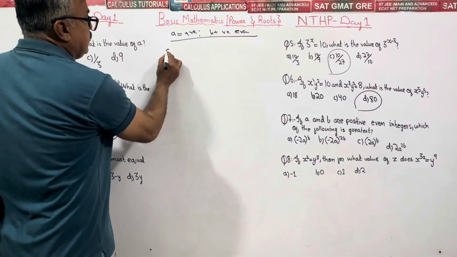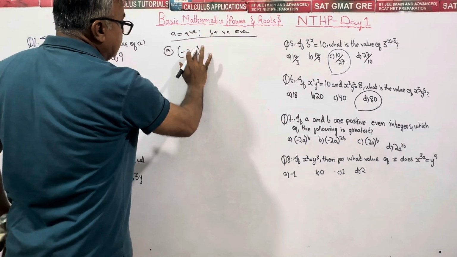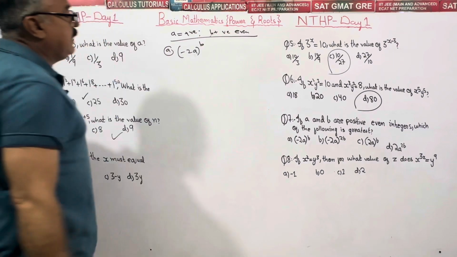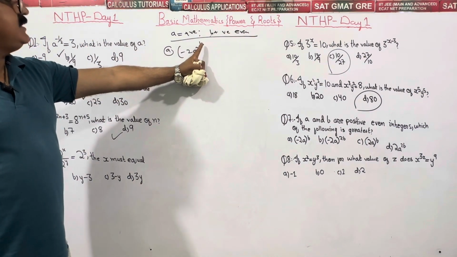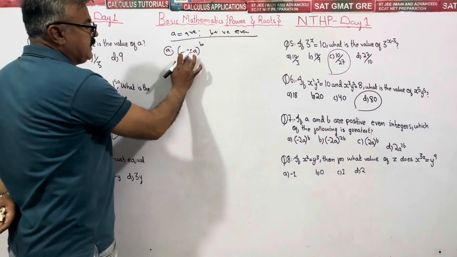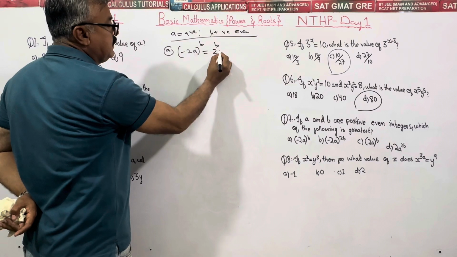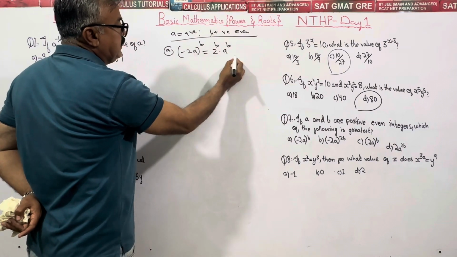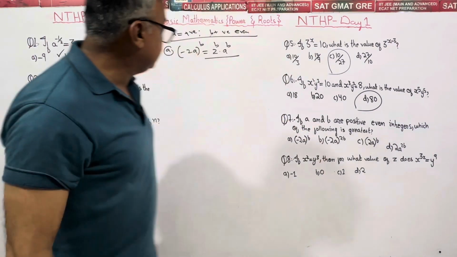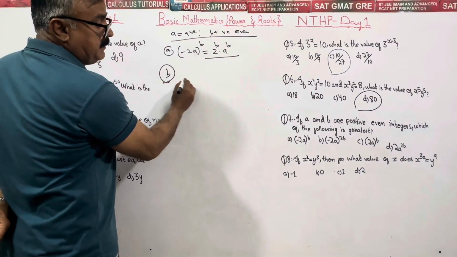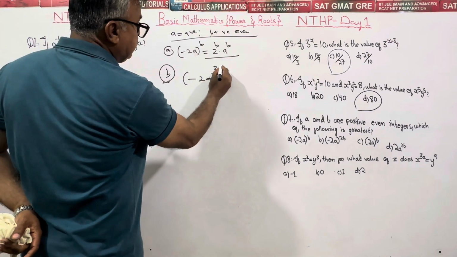Option A is minus 2 raised to b times a raised b. As b is a positive even integer, the minus will be no more in the base. It is 2 raised b times a raised b. What about the second one? Option B is minus 2 times a raised 2 times b.